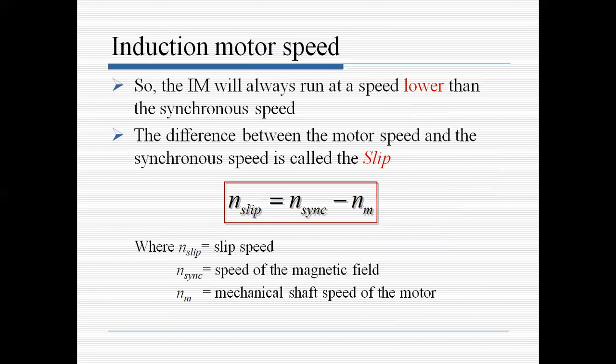The difference between the synchronous speed and the motor speed is called the slip. Slip speed is the difference between the synchronous speed and the running speed.